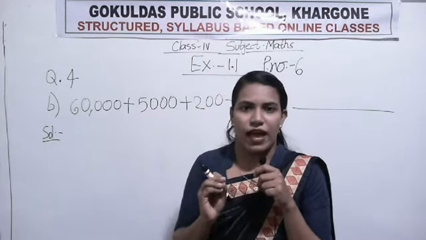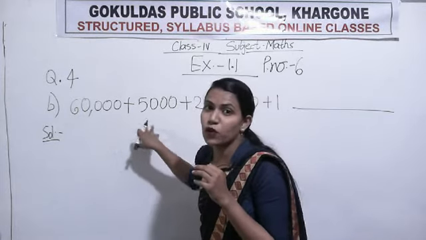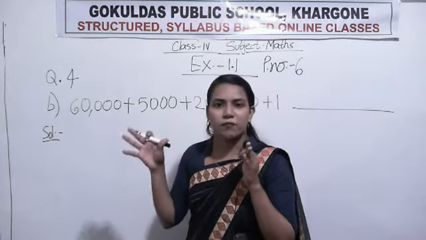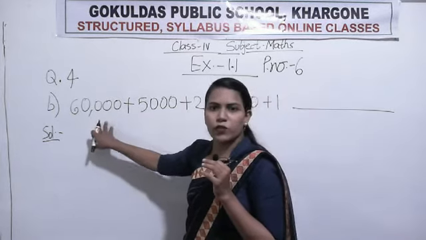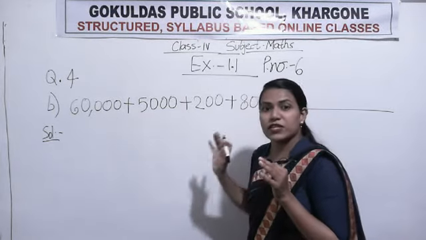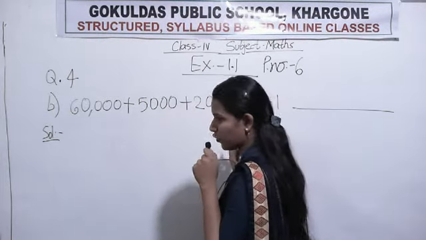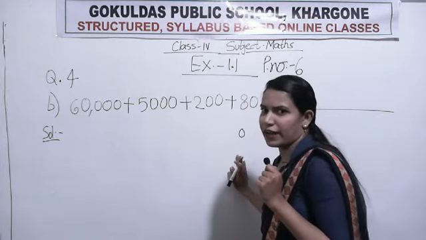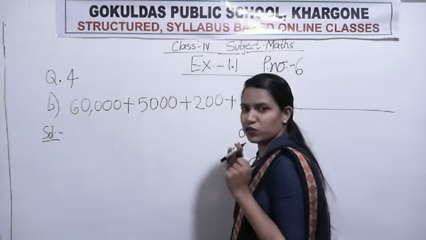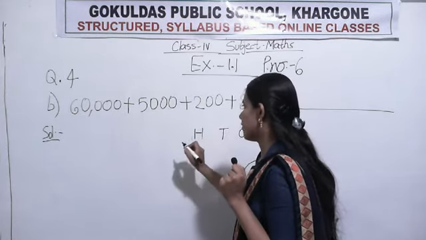The first step is that you have to put all these numbers in a place value table. Let's make a place value table. It starts from the right with ones, tens, hundreds.